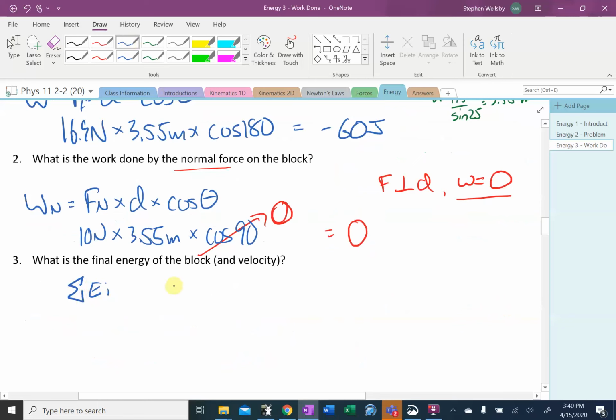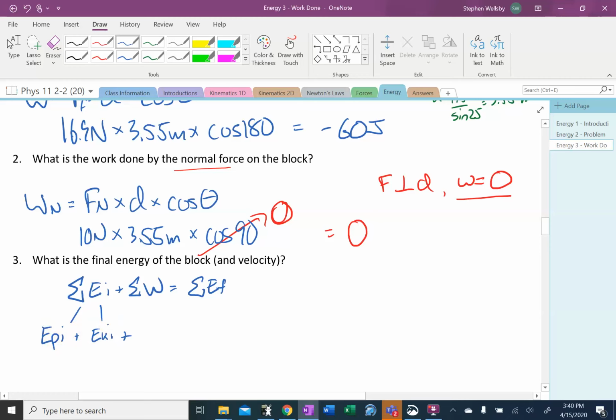The initial energy and the final energy are listed like this, but now we have to think about what are all of the bits of external forces which are causing some work to be done, or some gain or loss of energy. So we had this before. The initial energy was, what forms did we have? We had initial potential energy. We also had some initial kinetic energy, and that was it for our energies.